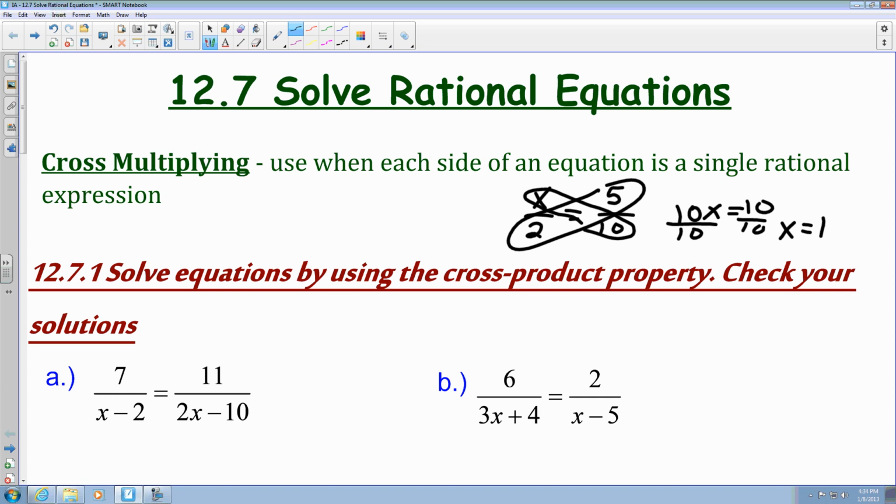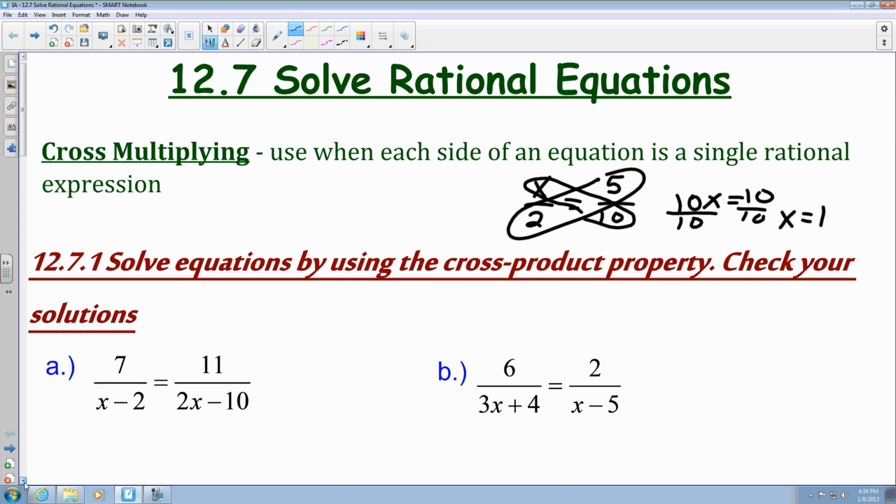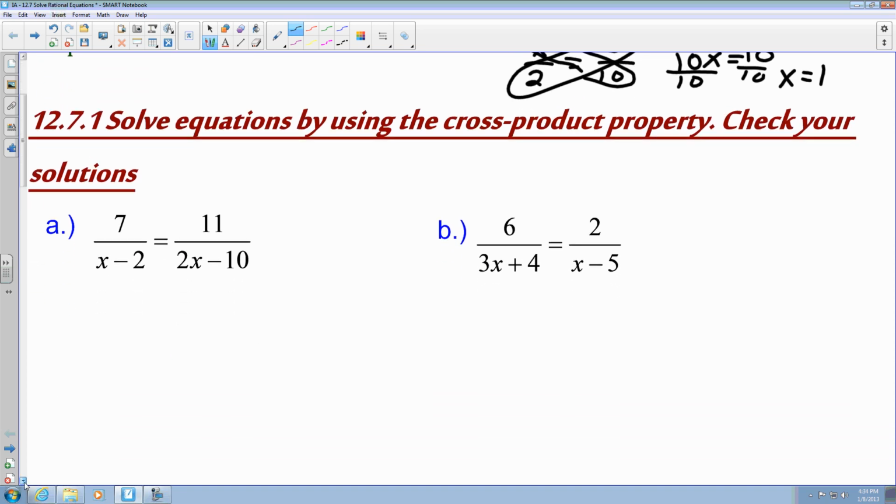And so you're going to be doing things like this today, but you have to remember to be careful when you cross multiply to distribute if you need to.